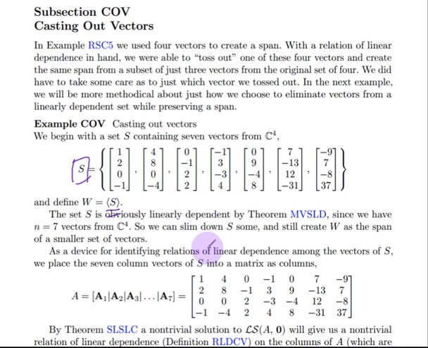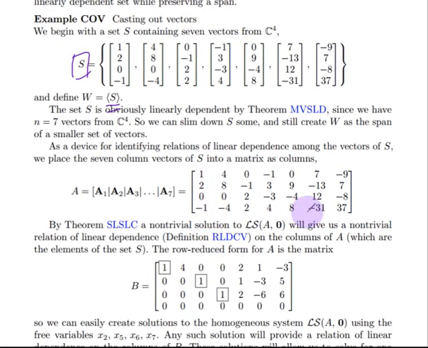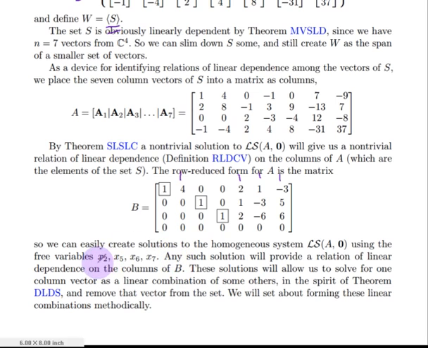Okay, so first of all, we create the matrix whose columns are these column vectors. Then the next step that we've always been doing is you do the row reduction. Notice the free variable columns, 1, 2, 3, 4 free variable columns. Okay, so you can create solutions in terms of these 4 free variables.